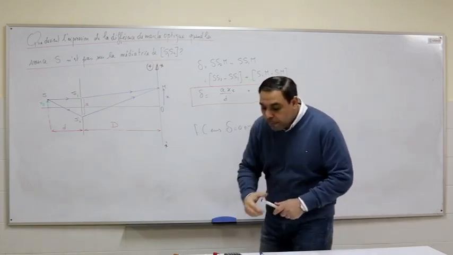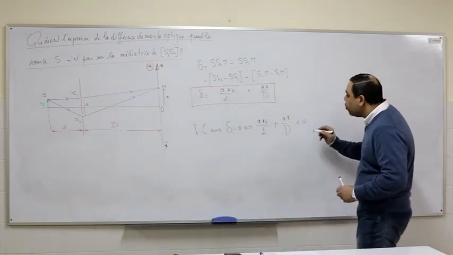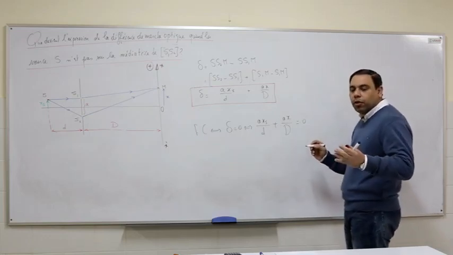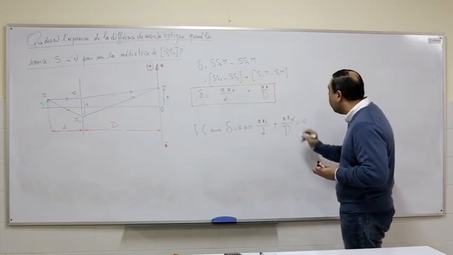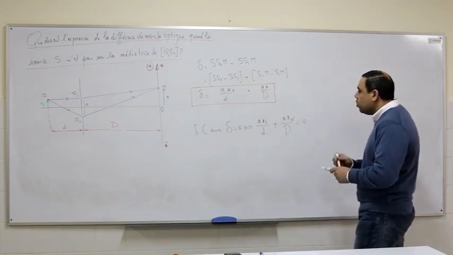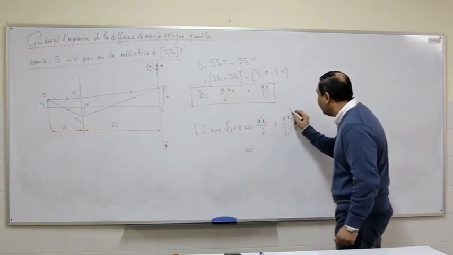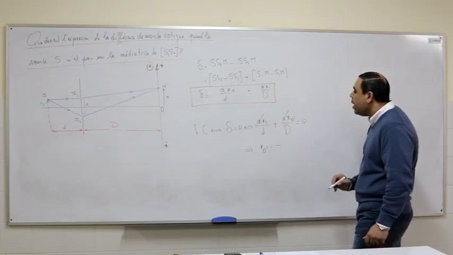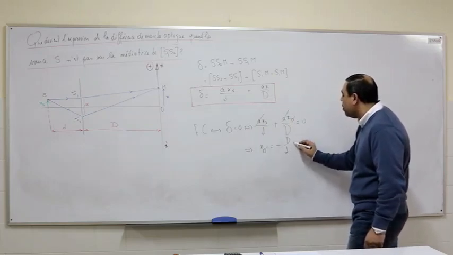Now where is X? It is the abscissa of the center of the central fringe. We are going to denote the new position of the central fringe by O prime. We can simplify by A, and we obtain X of O prime is equal to minus d over D XS.